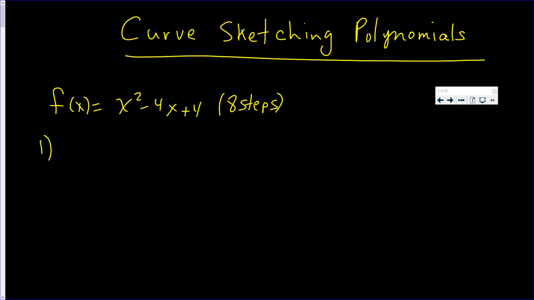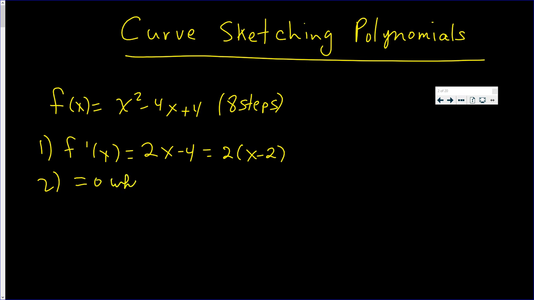So first step is to find the derivative and then factor it. The second step is to find out when it equals 0. It equals 0 when x is equal to 2.